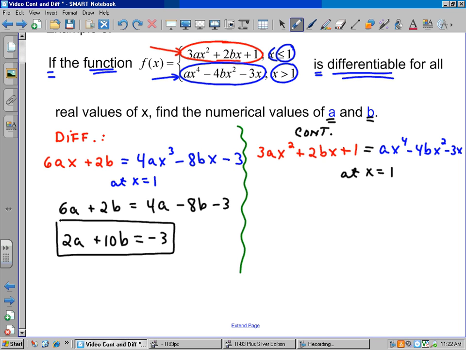So let's plug 1 in for x. We get 3a plus 2b plus 1 equals a minus 4b minus 3, right?